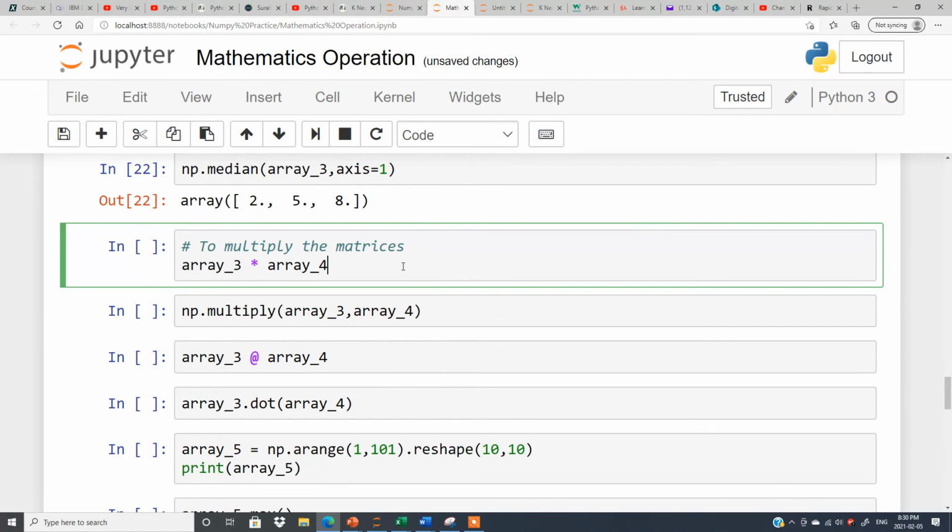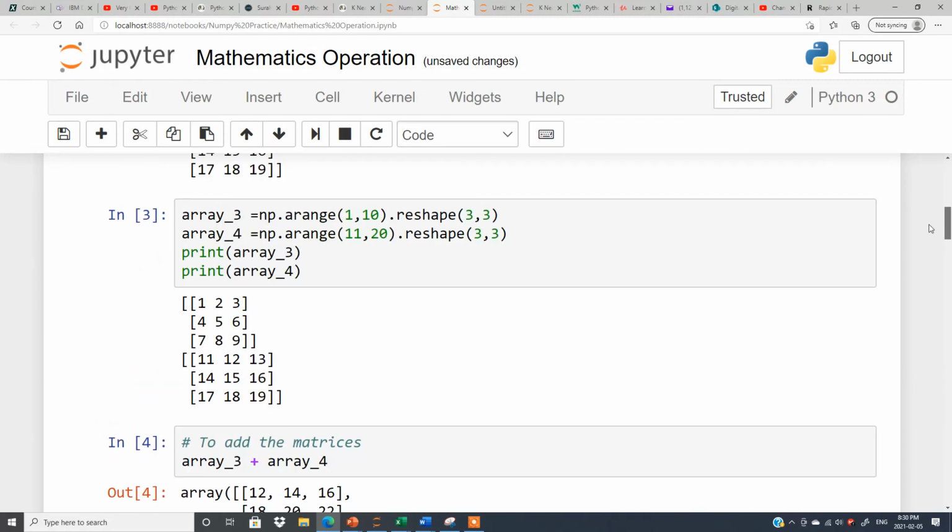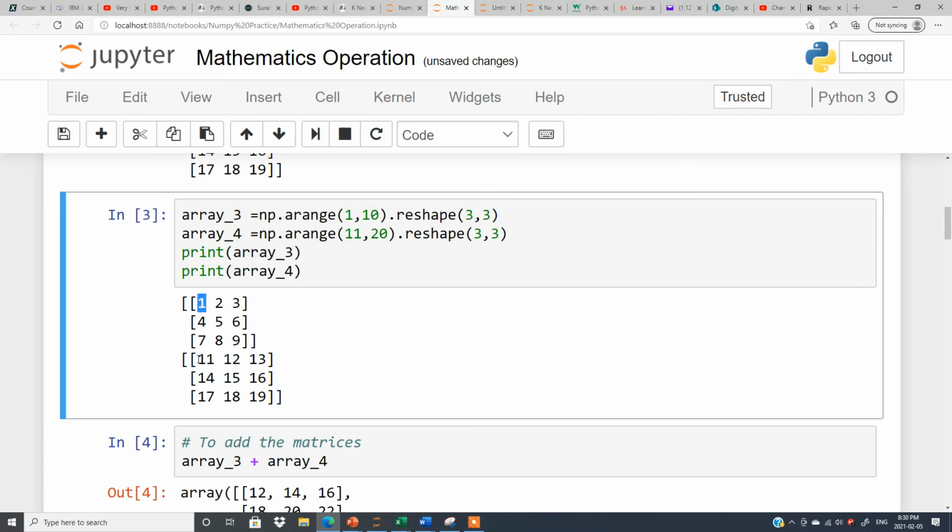Now one of the most important things is how to multiply the matrices. Keep in mind that when we add, subtract, or divide matrices, it works on the corresponding entries.